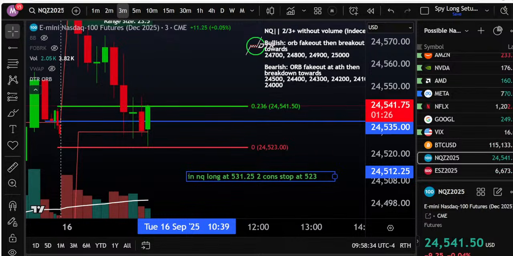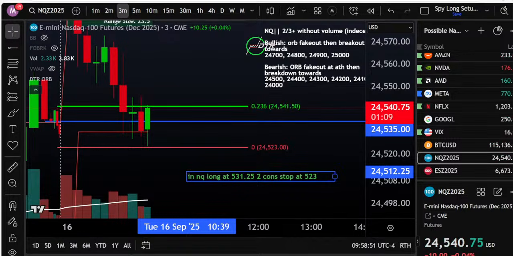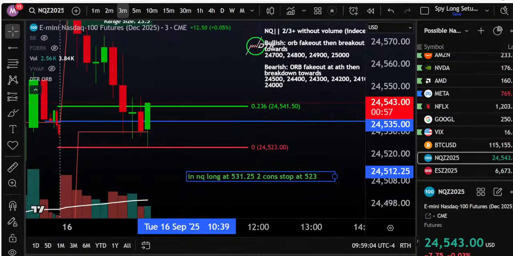So far, so good. Pretty much a perfect entry. Fantastic. So we got not a ton of time left in this. So now the focus, right, is on closing as P&L is increasing here.